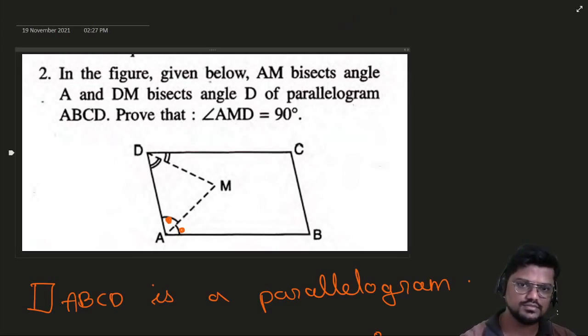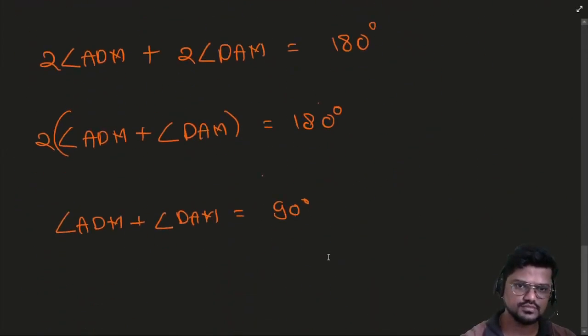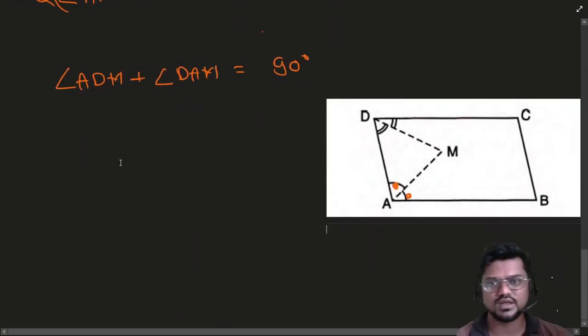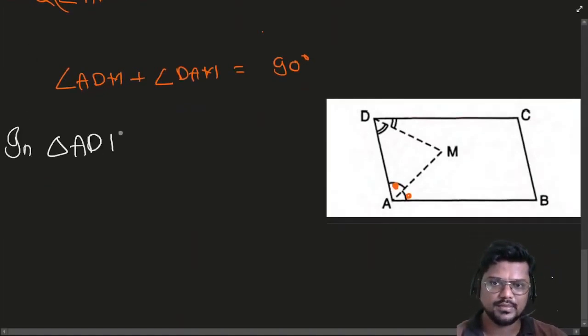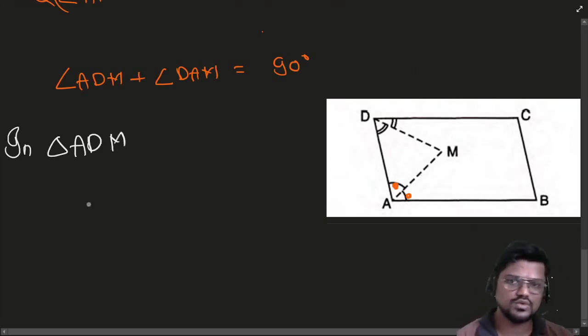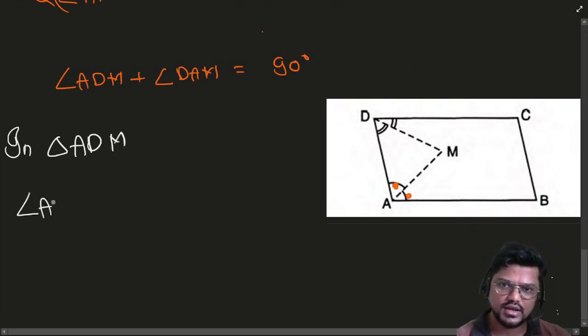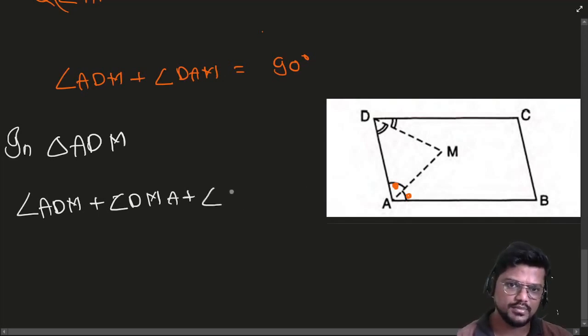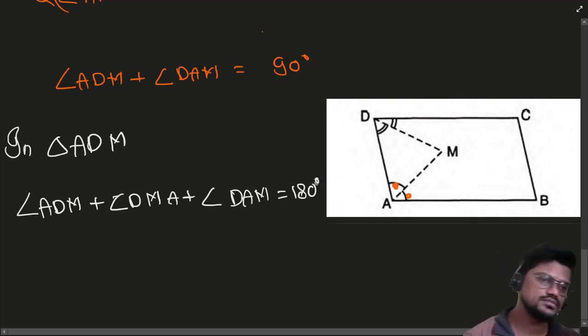In triangle ADM, what I know is that angle ADM plus angle DMA plus angle DAM will be equal to 180 degree. Why?